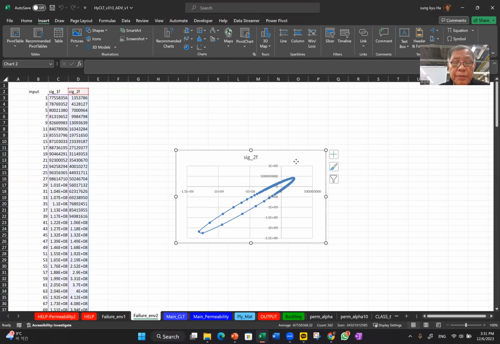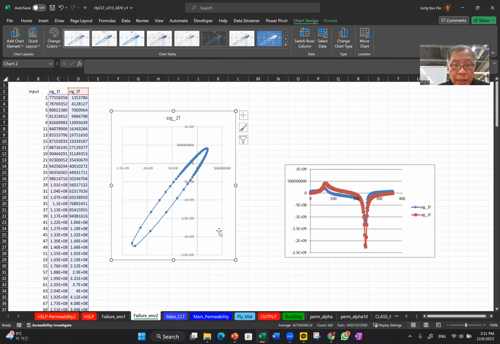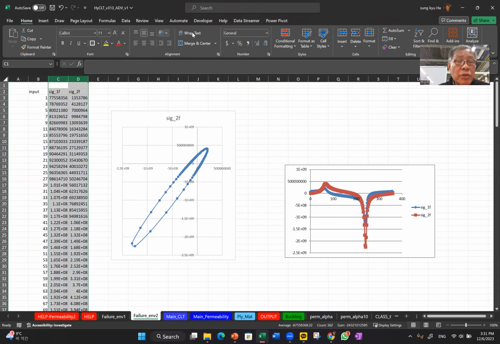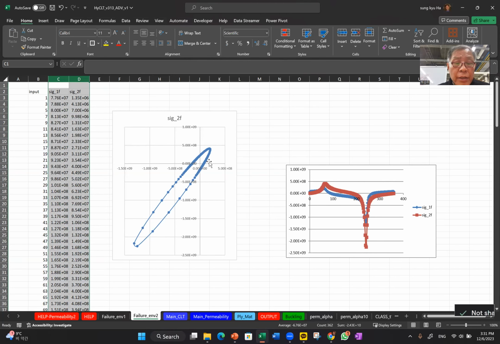Okay, plot here. It's always good to have the same ratio. I'm gonna change this into scientific. So this is 500 megapascal.